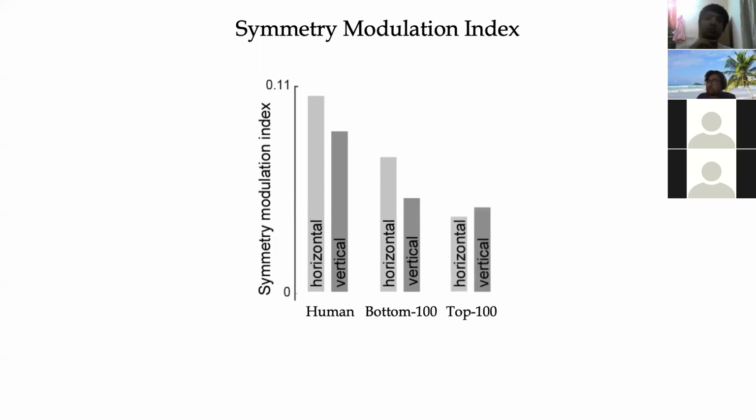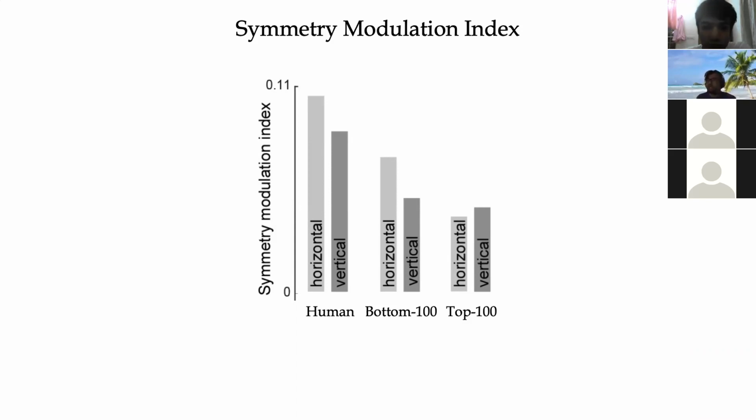But surprisingly, what we found is that if you take the 100 most important units for object classification in the penultimate fully connected layer, the symmetry modulation index is much less. What this suggests is that these units, which are apparently really useful for object classification, are actually not sensitive to symmetry at all.